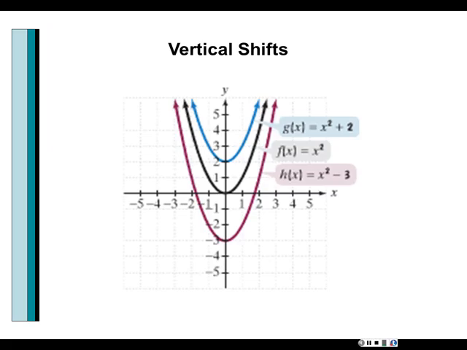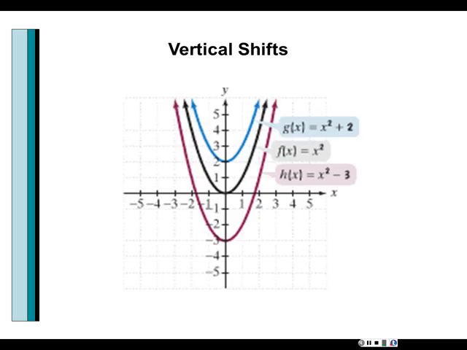Okay. For example, this is another example of vertical shift. Let's say your black line is the original graph, which is x squared. What kind of graph is that? Remember the common graphs? Standard quadratic function, right? Now, when you add 2, look at this.